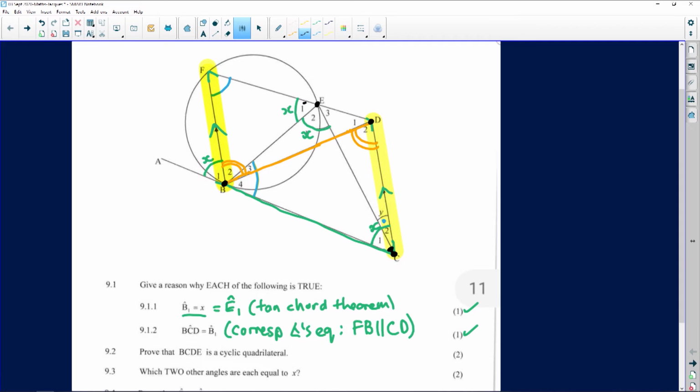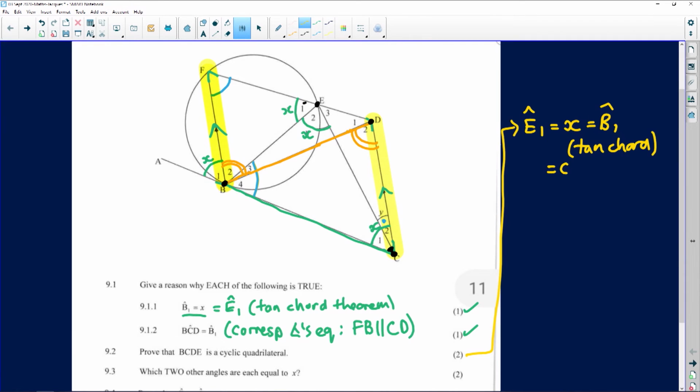This angle here is X. That angle here at E1 is an exterior angle. So it's very, very easy. Let's do it on the side here. We're going to argue that E1 is equal to X, which is equal to, now remember, B1. That was the tan chord theorem. Okay, we've already had that BCD is equal to B1. So angle C1 plus C2 is equal to B1 over here.